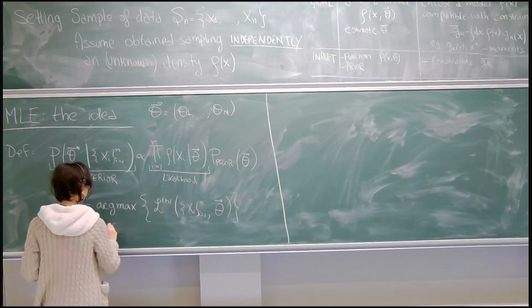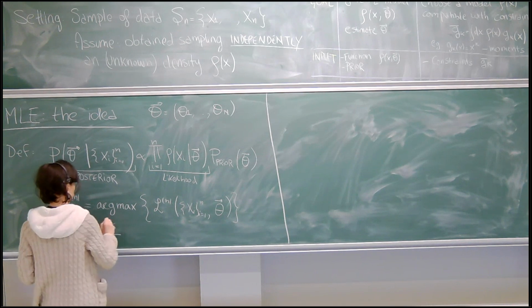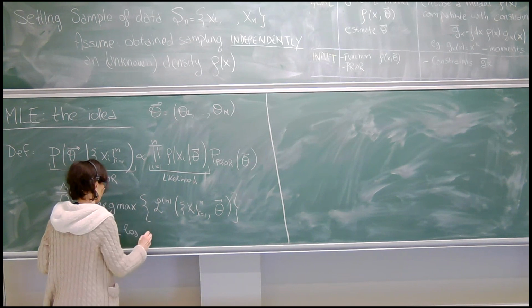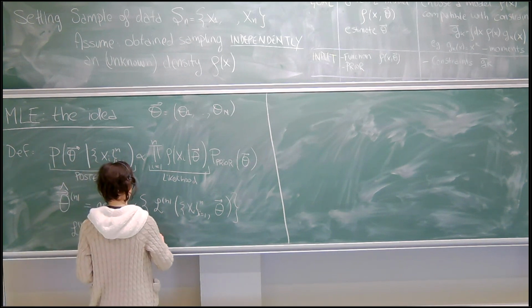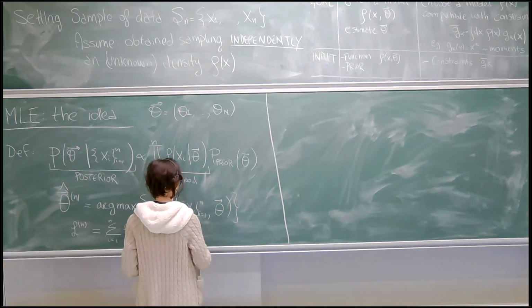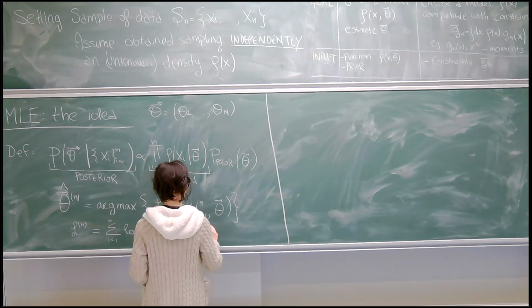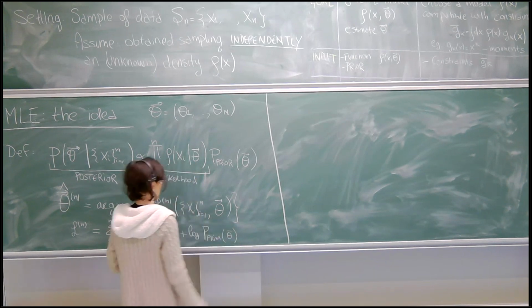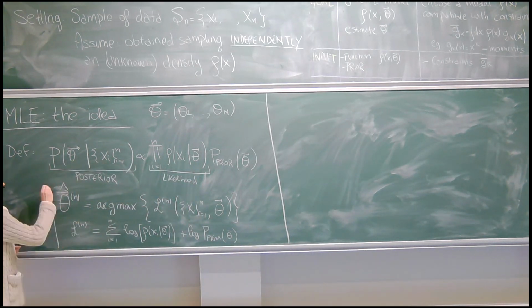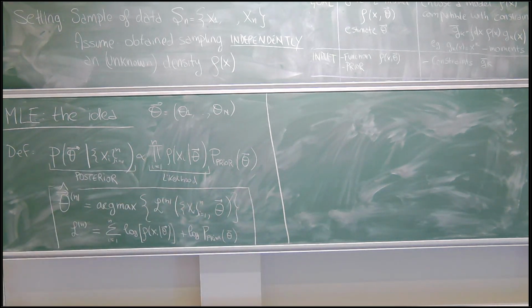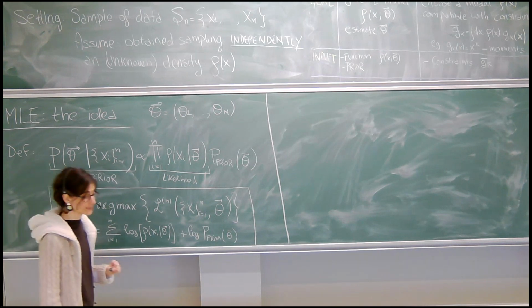So if I take the log of the product, this is just the sum from i going from 1 to n of the log of my rho of x_i given theta. And then if I have some prior information, I have to add to this the log of this prior over theta. So to solve the problem and get our estimator, what we have to do is to compute this log likelihood and then to maximize it to get the value of theta.